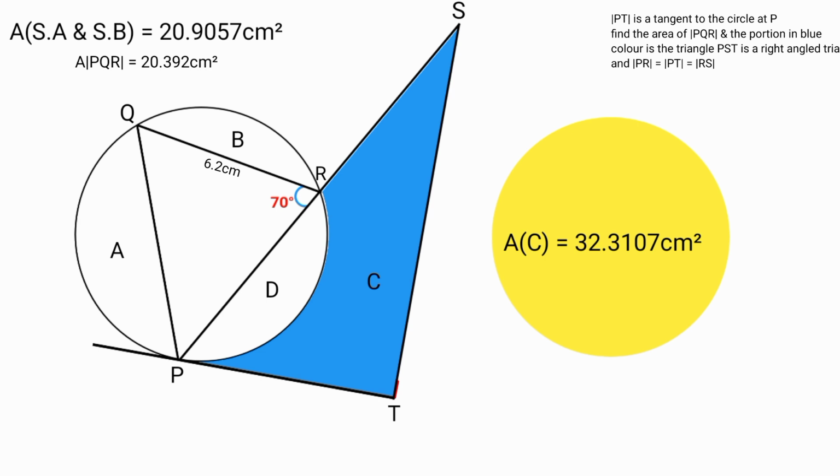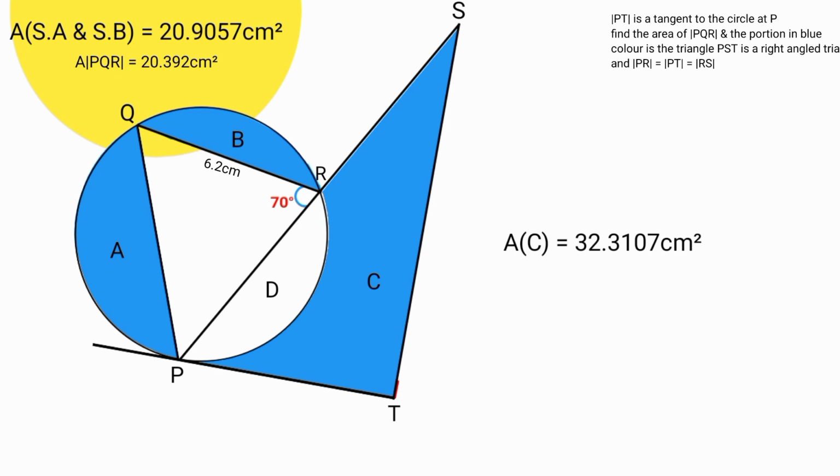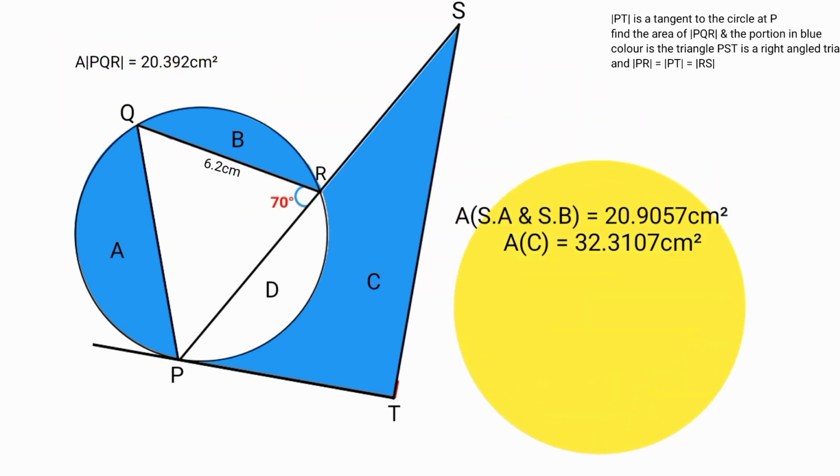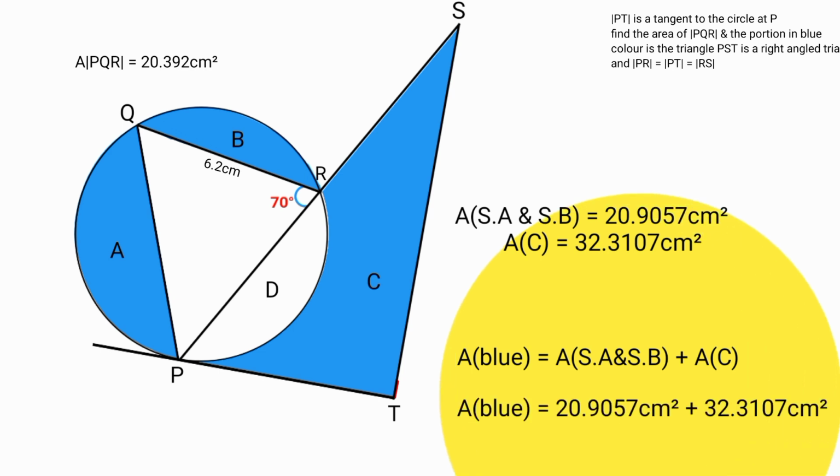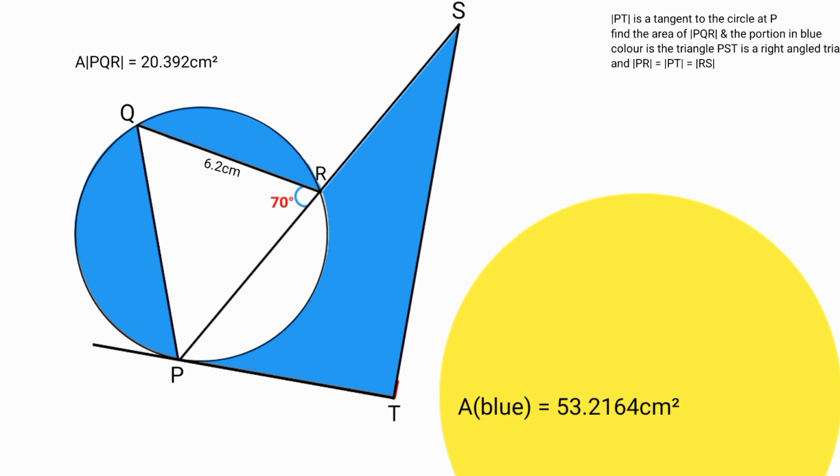Now since we have the area of C to be 32.3107 centimeters squared, if we add it to the area of segment A and segment B here, we are going to have the total surface area of the blue colored portion. So area of blue colored portion now equal to area of segment A and B plus area of C, which equal to 20.9057 centimeters squared plus 32.3107 centimeters squared, which is 53.2164 centimeters squared.